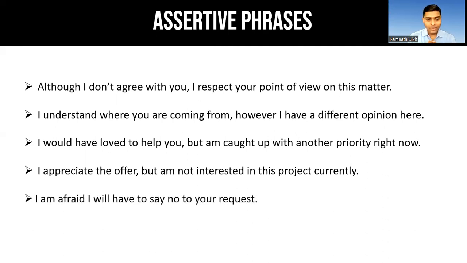And then finally, I'm afraid I will have to say no to your request. This is very straightforward, but you have to use it. Sometimes people will come up to you with a project that they are interested in, which you are not, or they will give you an opportunity in the form of a job, in terms of a business assignment, whatever it is. But you'll have to say no, okay? So assertive communication is about saying no, but it's about saying no the right way.